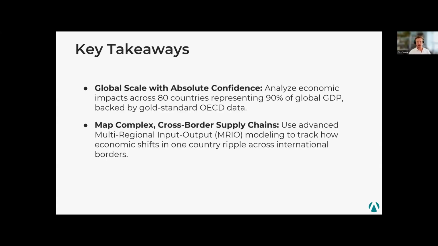They are all backed by reliable data sources that have been checked and compiled to account for missing data. And as Ashley showed us, detailed consideration of handling international tax structure. We can look at complex cross-border supply chain relationships using MRIO.